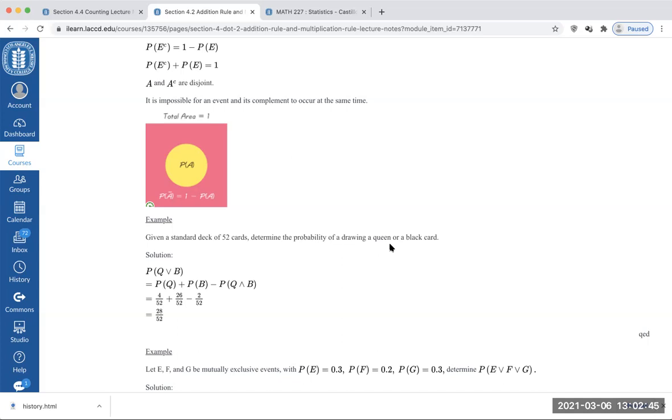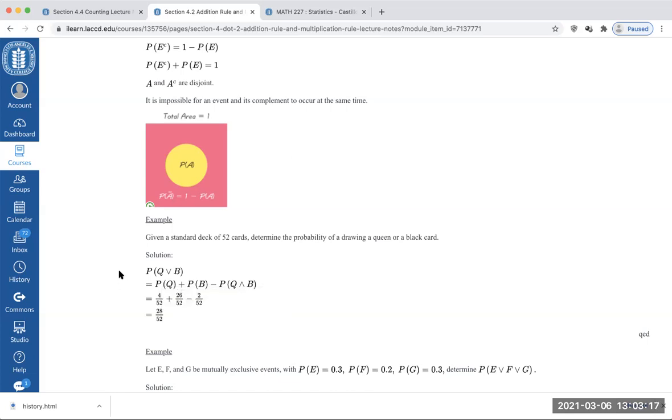And so, there are 26 black cards and 26 red cards. Queens: there are 4 queens, 1 of each of the 4 suits. So there's 1 queen of spades, of hearts, and clubs, and diamonds. And so let's figure out the probability that we select a queen or a black card.